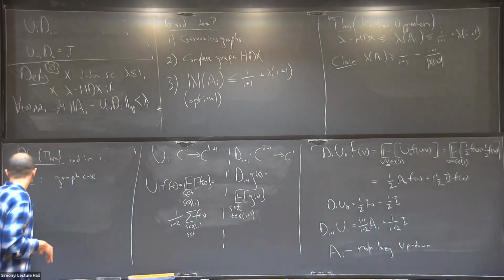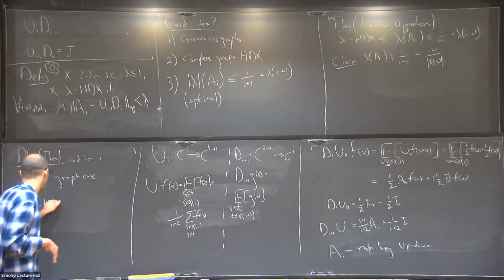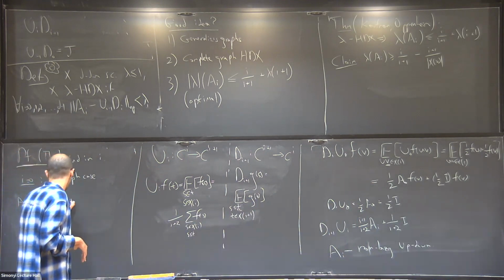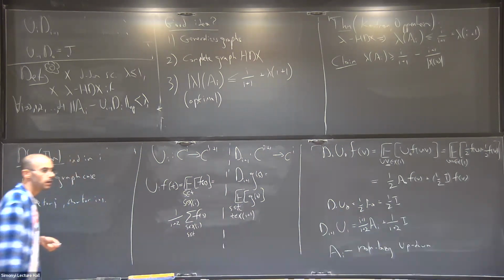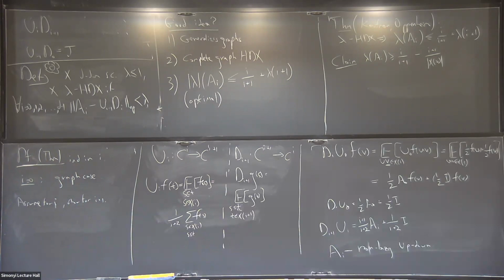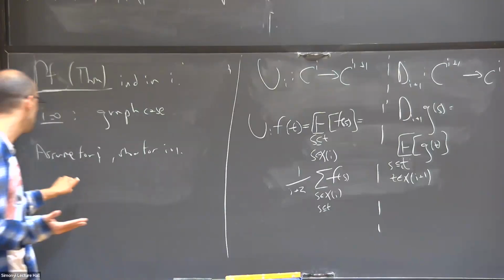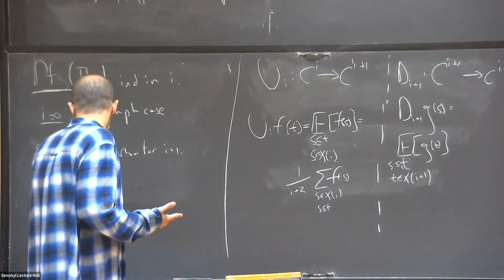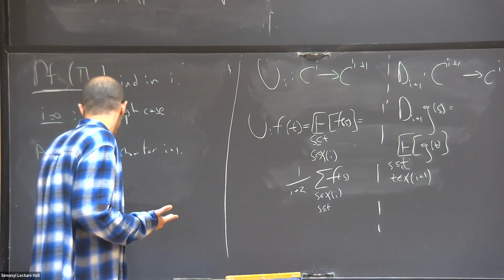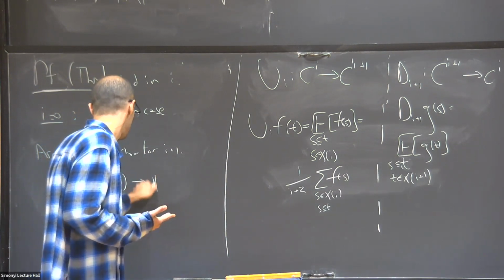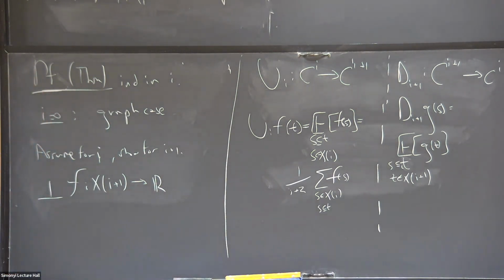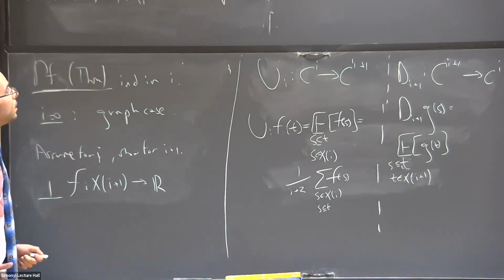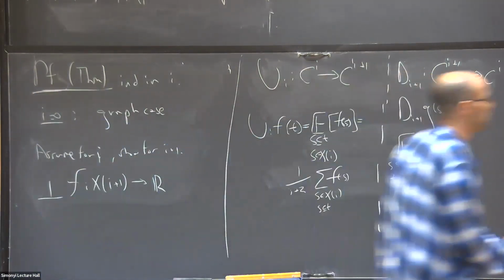And now let's assume for i and show for i plus 1. So what do we need to show? We need to take some function on i plus 1 faces, which is of course perpendicular to the constant functions.